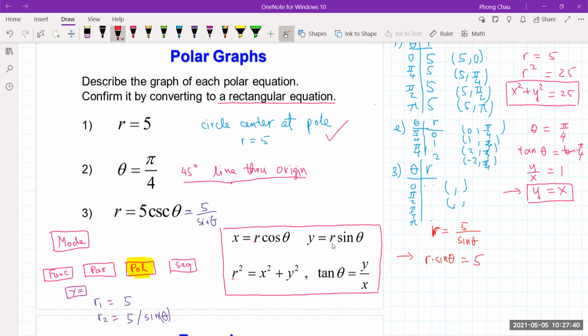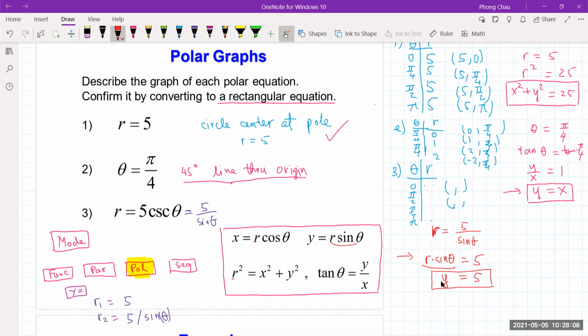Sine theta is the same as y, so you have y equals 5. It turns out this graph, r equals 5 cosecant theta, is equivalent to y equals 5 in rectangular form, and so that must be a horizontal line. You can check on a graphing calculator that it is a horizontal line.